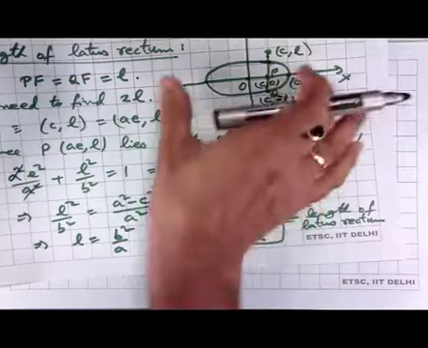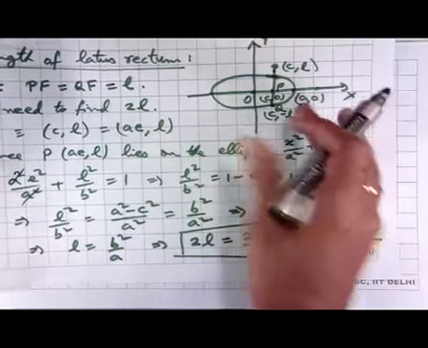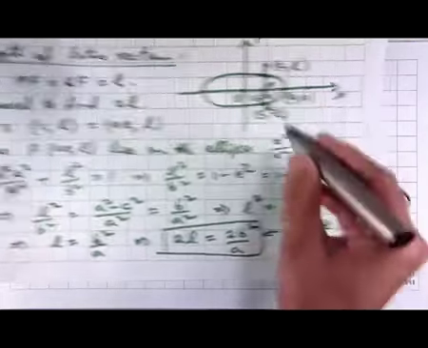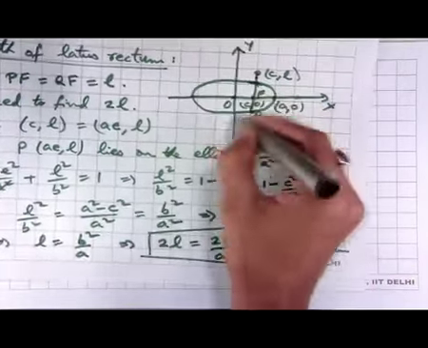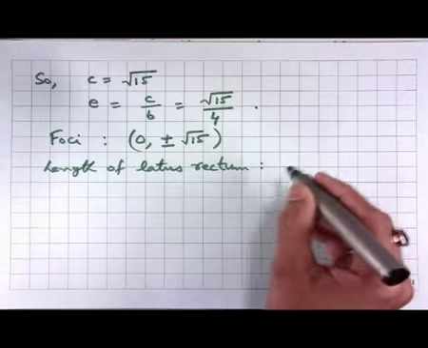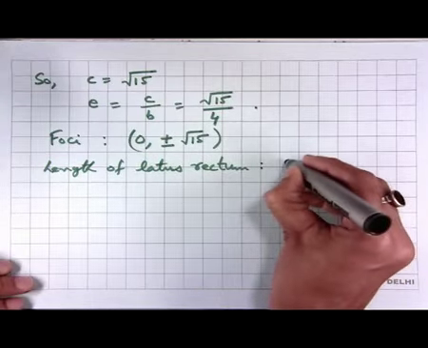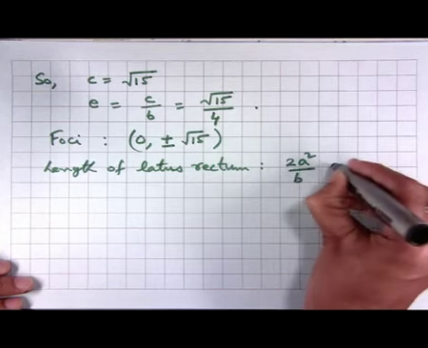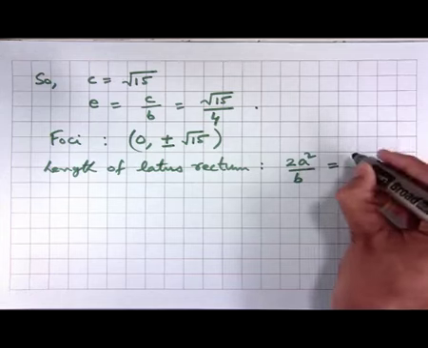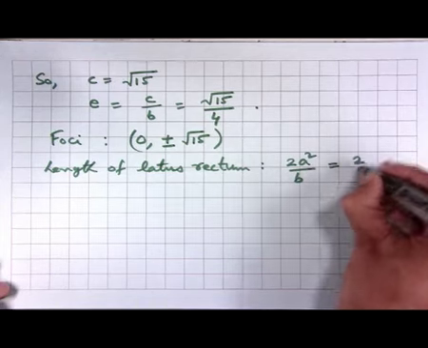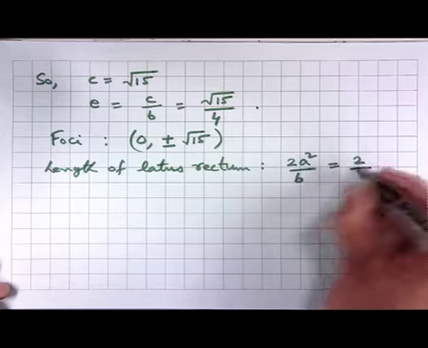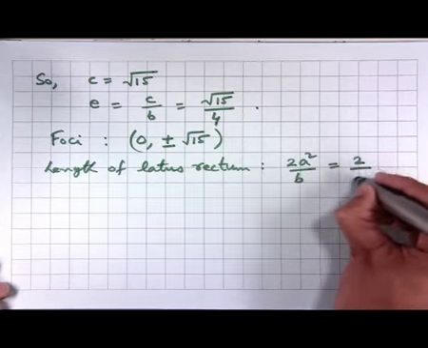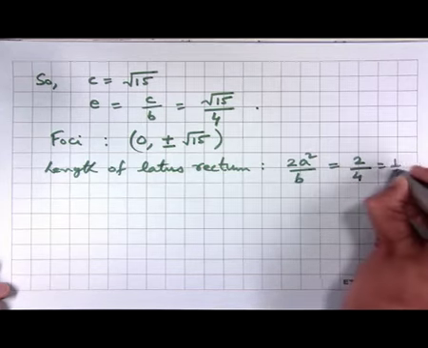So, if you just interchange the x and y axes, if the foci lie on the y axis, the length of latus rectum will be 2a²/b, which is, a is 1 here and b is 4. So, 1 by 2.